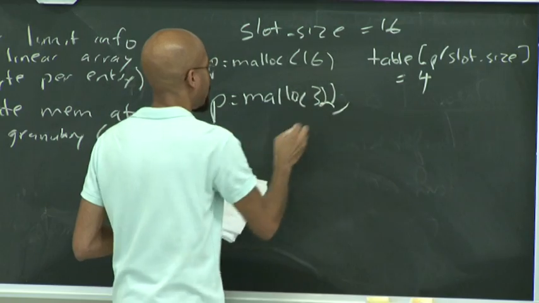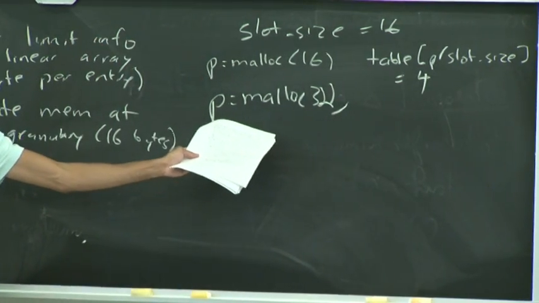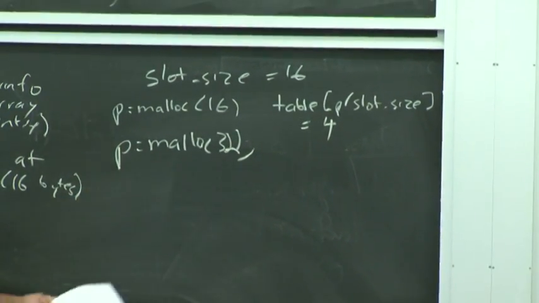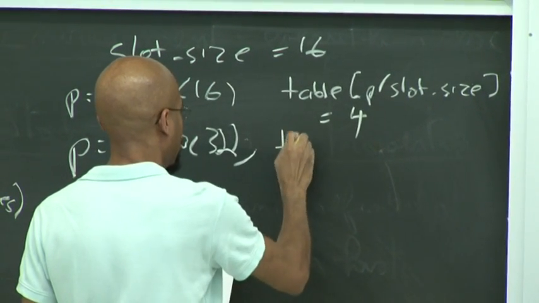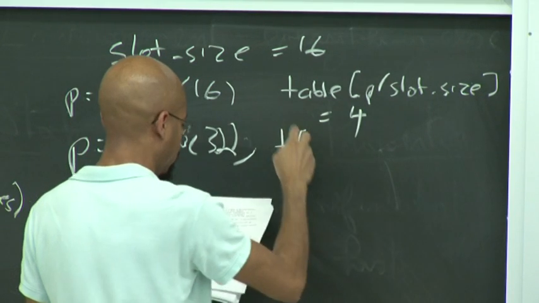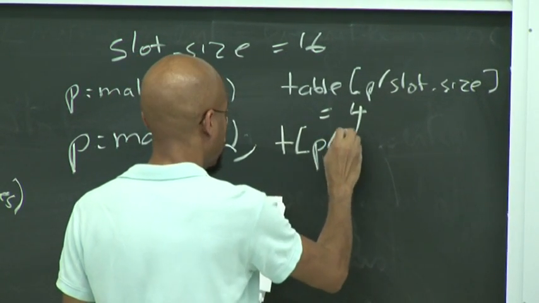Okay, now the tricky thing is, let's say that you allocate 32 bytes. What is the bounds table going to look like there? Here we actually have to update the bounds table twice. I'm going to abbreviate it here as T for size reasons.